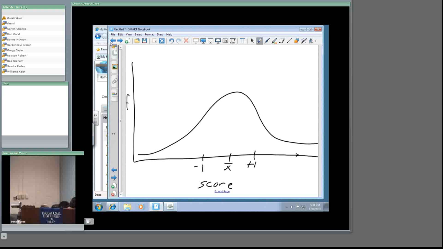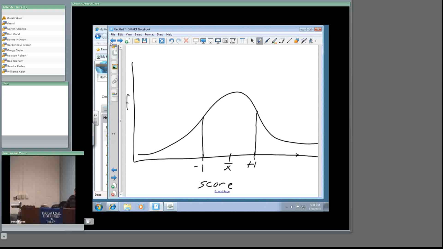So that tells me how many times something happens. So I've got between -1, one standard deviation below the mean, and one standard deviation above the mean. Now, everything from here to here, all those scores between those lines I just drew are within one standard deviation of the mean.